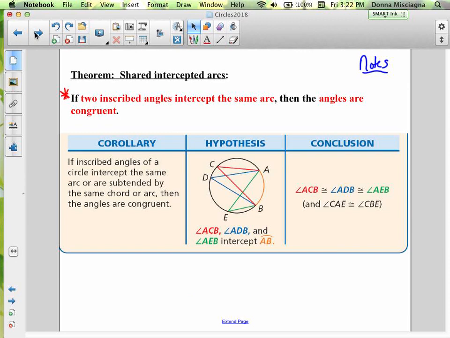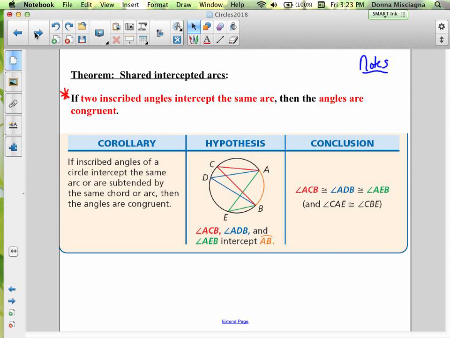If two inscribed angles intercept the same arc, then the angles are congruent. So if you know the measure of one, you know the measure of any and all that intercept the same arc. If inscribed angles of a circle intercept the same arc or are subtended by the same chord or arc, then the two angles are congruent.